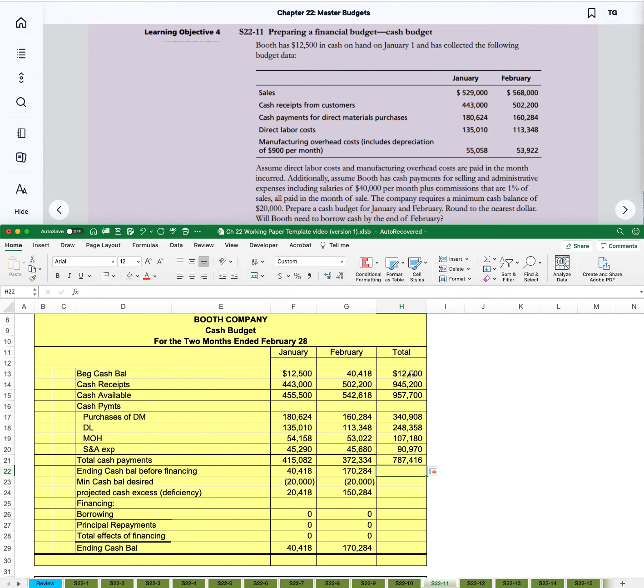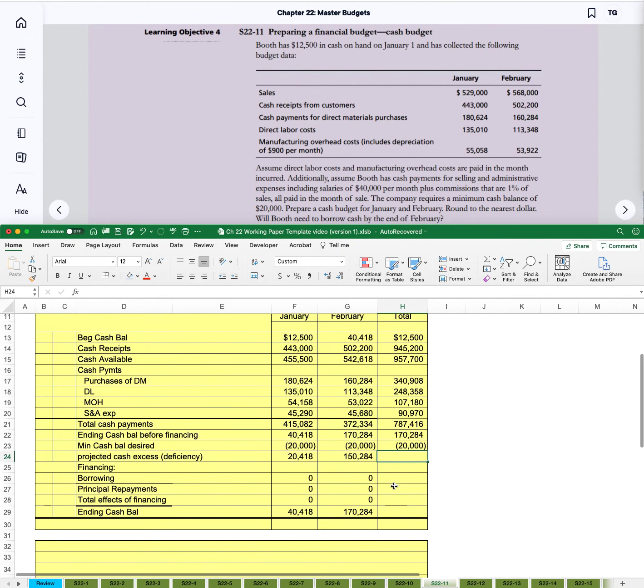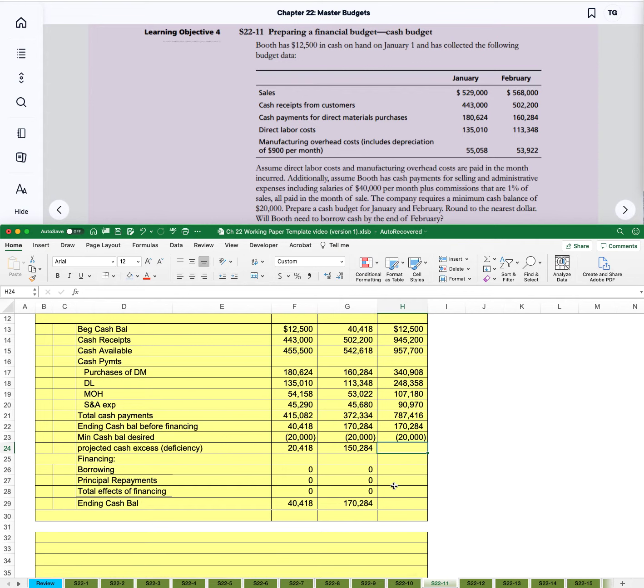So up here for beginning cash balance, we reference January. For ending cash balance, we're going to reference February. The minimum cash balance desired is still 20,000. Don't add these together, we're just pulling that number over. And it stays the same from month to month.